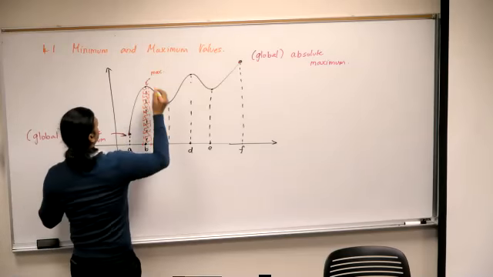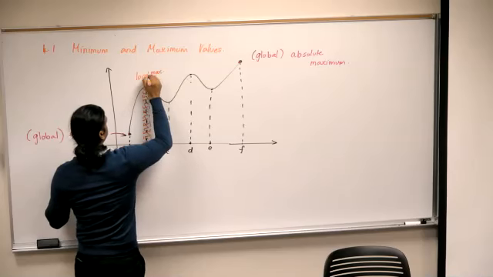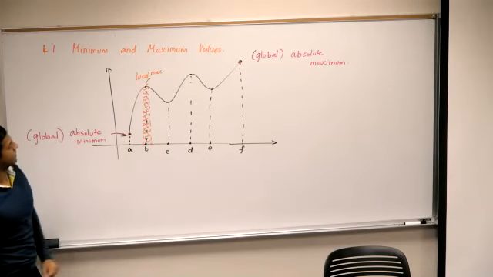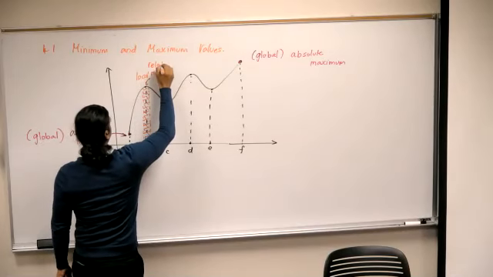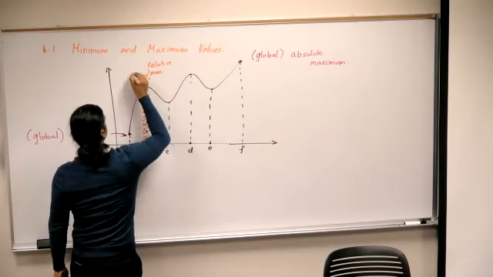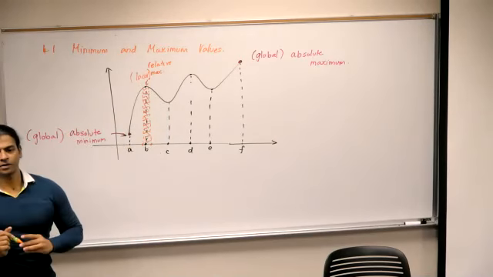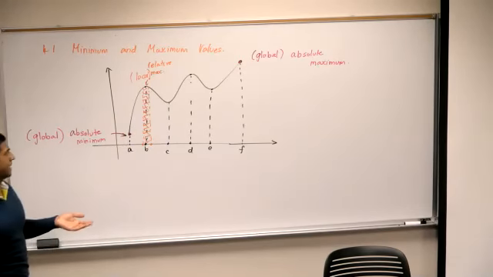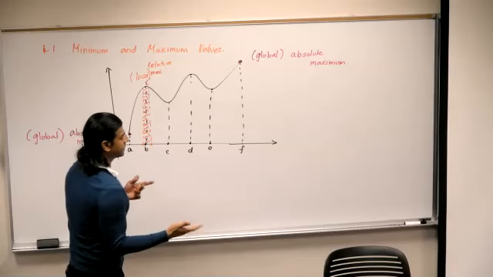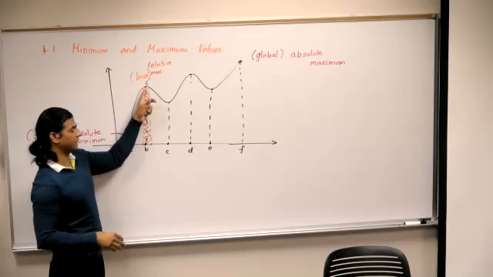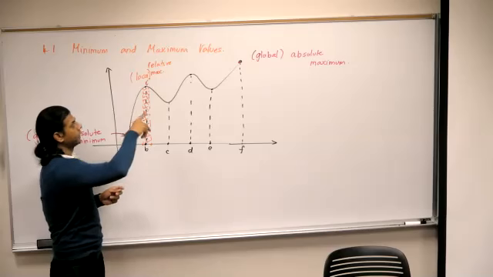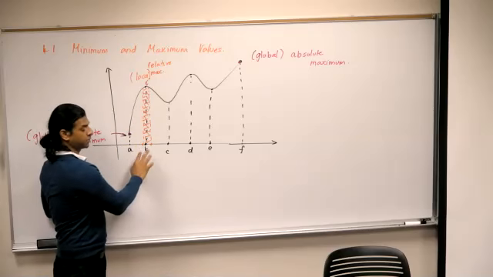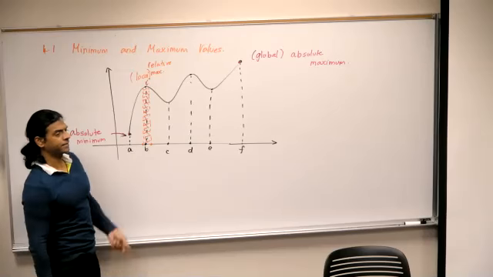So that is what we call a local maximum. Sometimes we also call it the relative maximum. Why relative maximum? This point is maximum relative to every other point in the interval around B. Did you have a question?